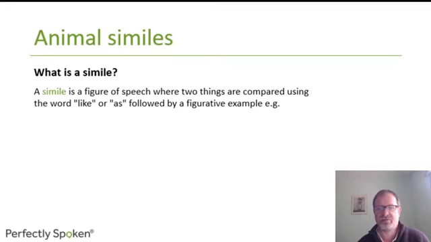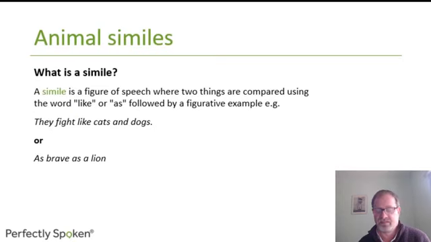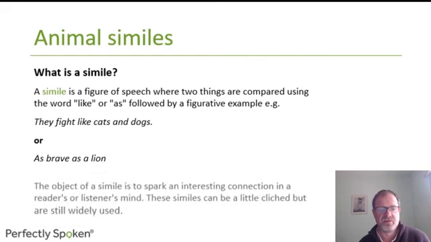It's a figure of speech where two things are compared. We use the word like or as. And here are some examples. They fight like cats and dogs. Or as brave as a lion. As brave as a lion, meaning very brave.